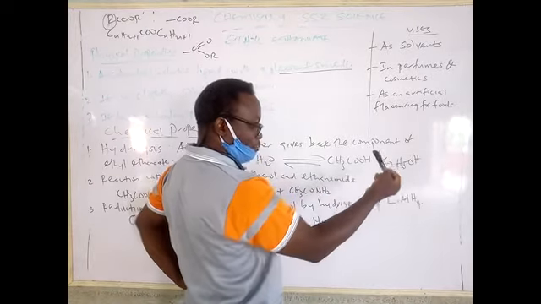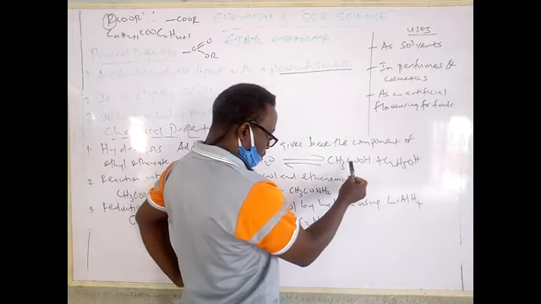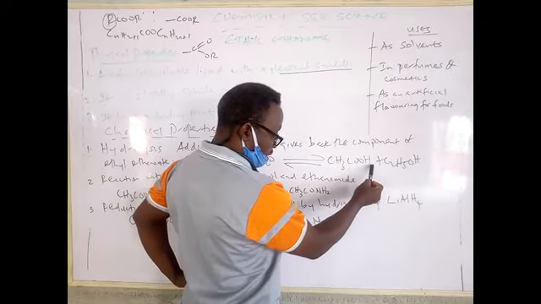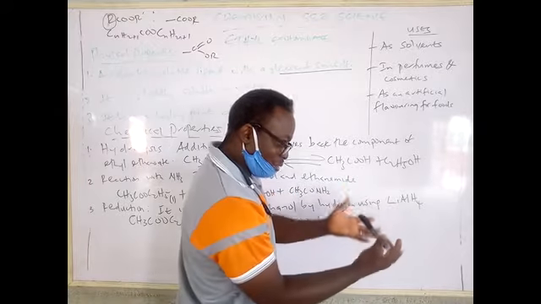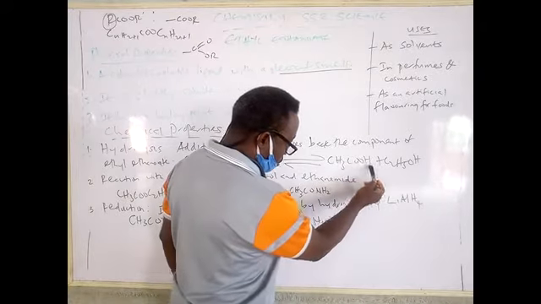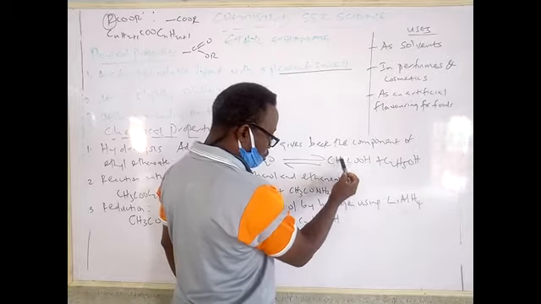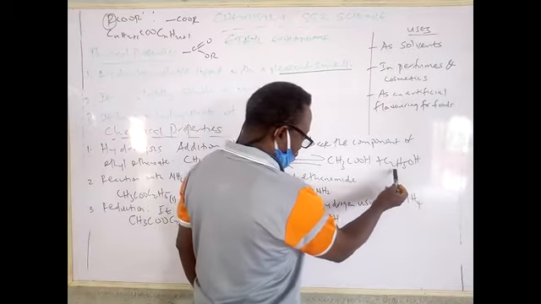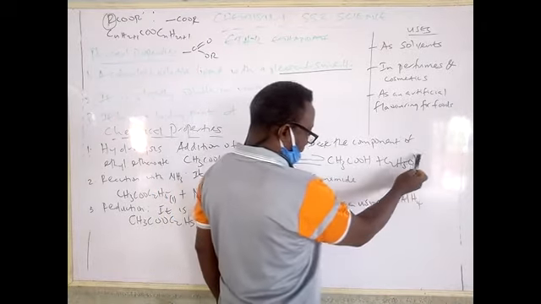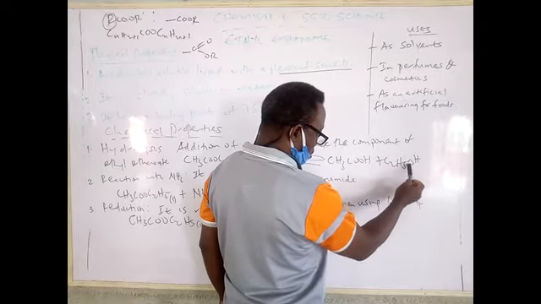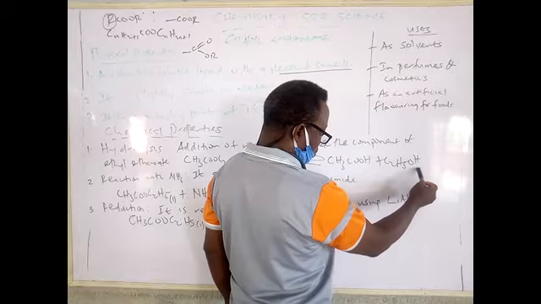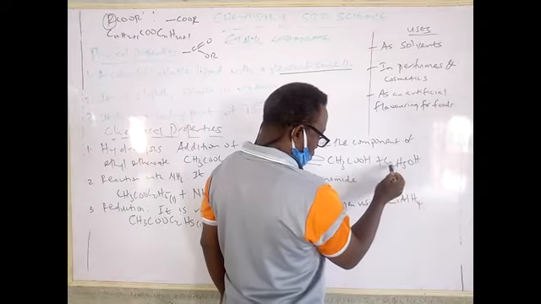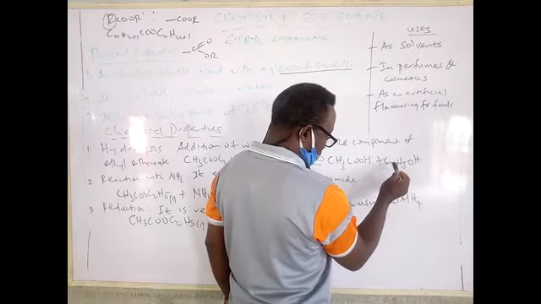Why is it ethanoic acid? The functional group here is COOH, the carboxyl group. So we are talking about alkanoic acid there. Since it has 2 carbon atoms, that will be ethanoic acid plus ethanol. You realize that the functional group is OH. The functional group for alkanol is hydroxyl group OH. So you have 2 carbon here.